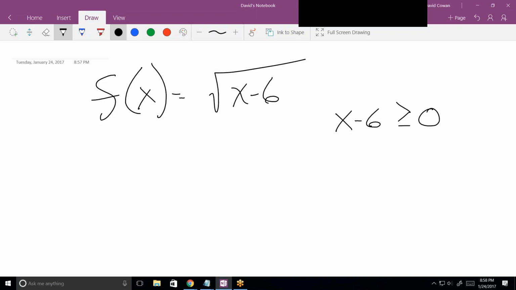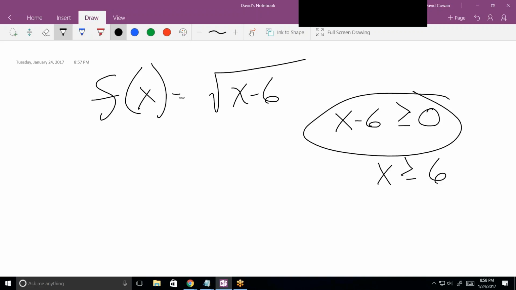In other words, I could make this super complicated. I could put x minus 6 over x squared plus 2, would not matter. Start there. That tells you what your domain's going to be. All right. So the domain is x has to be greater than or equal to 6.